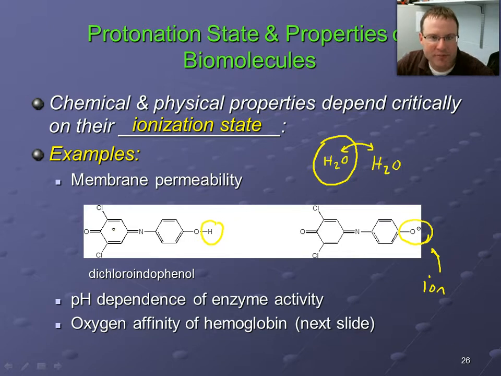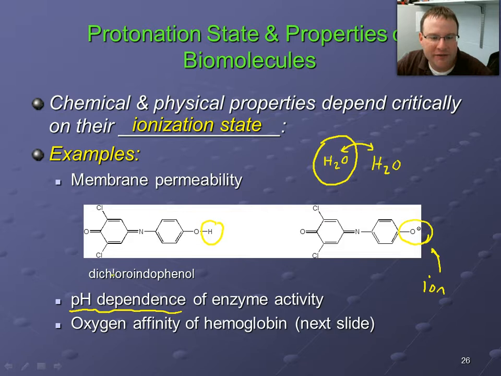Another prime example of the protonation state being key to biological activity is that when we think about enzymes, they show tremendous pH dependence. If you vary the pH of a solution that you're studying for a particular enzyme by even a half a pH unit, you can drastically alter its activity and its structure.